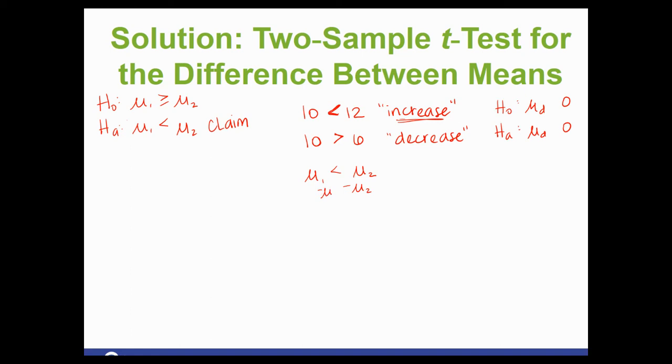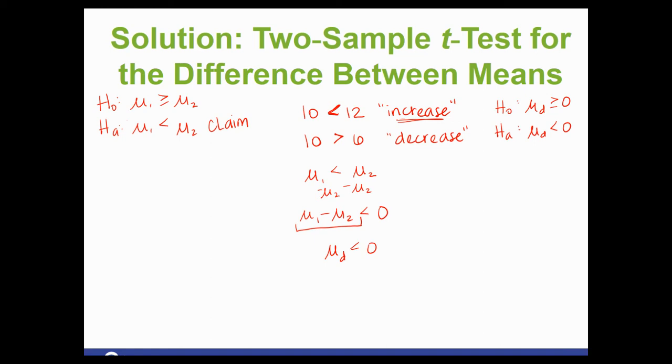They are moving that mu2 to the left-hand side, so mu1 minus mu2 less than 0, and then changing that subtraction into mu d, d standing for the differences between them. So the symbols themselves aren't going to change. Once you've determined it's the less than because we're trying to increase, it's the same thing whether you write mu1 and mu2 or mu d and 0. But I wanted to make sure you've seen that before you get to your homework and that throws you off.